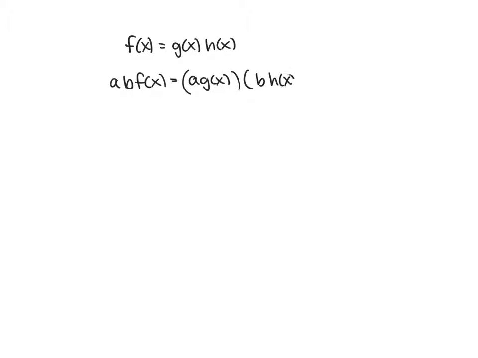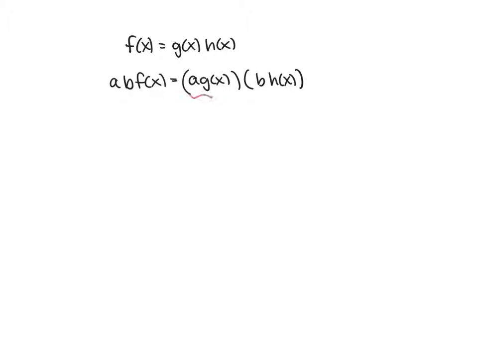All right, so we have f is g times h. And I'm going to multiply by a and multiply by b. And now, if we take g of x and multiply by a, and we take h of x and multiply by b, that essentially clears out all of the denominators. So now we are working with polynomials with integer coefficients.